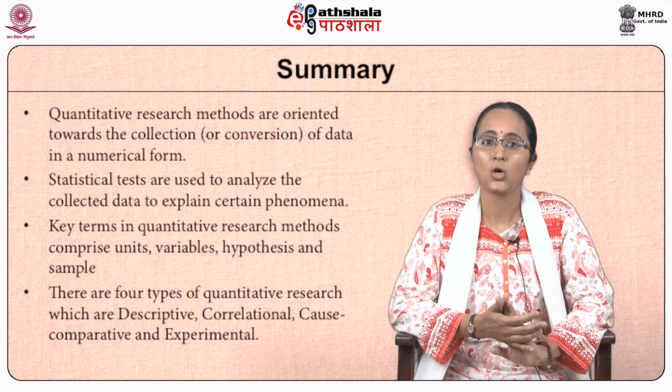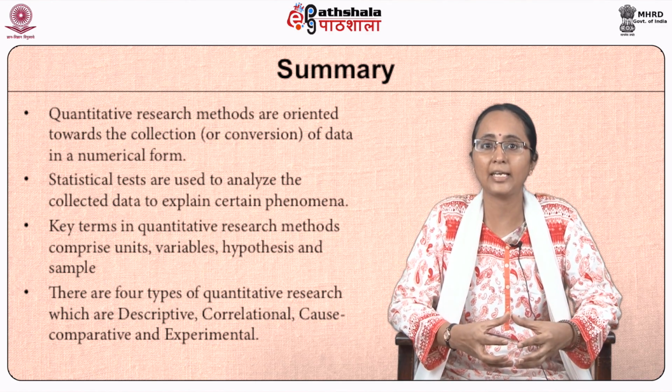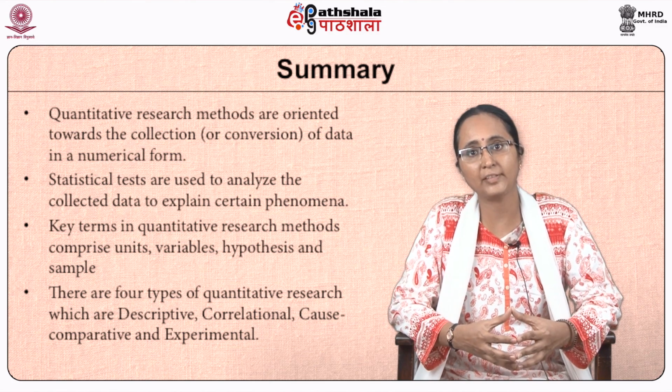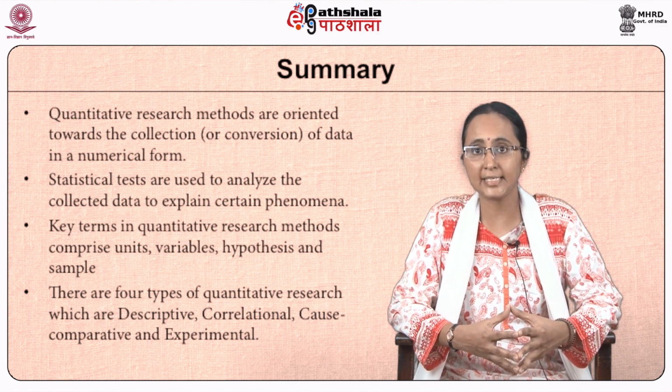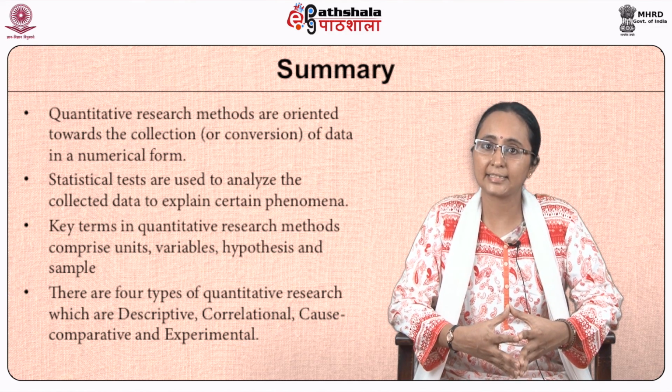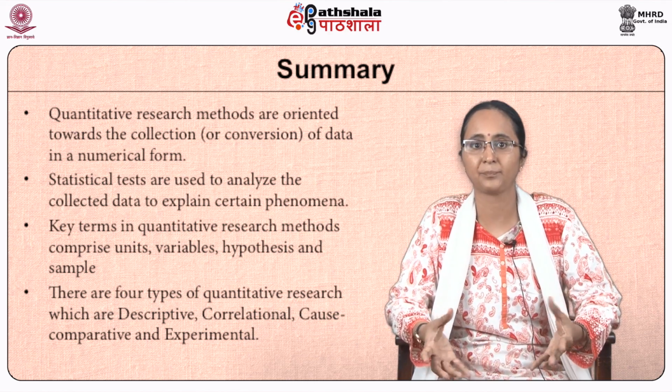Now, we have completed an orientation to quantitative research, and we will summarize the key findings. Quantitative research methods are mainly for collection or conversion of data in numeric forms. Statistical tests are used to analyze the data and to explain the phenomena that you are studying.